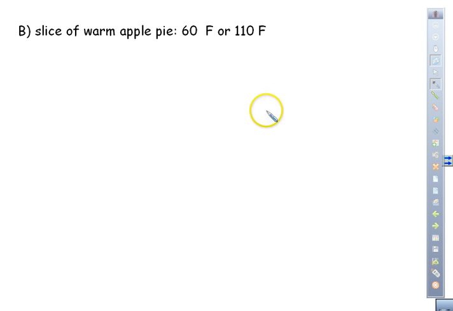If we look at 212 degrees Fahrenheit and 32 degrees freezing, 60 degrees is probably pretty cold because that's pretty close to this. 110 degrees Fahrenheit, that's going to be about the halfway point or so from 212 degrees. So my best answer for this is going to be about 110 degrees Fahrenheit. That's going to be your warm apple pie.